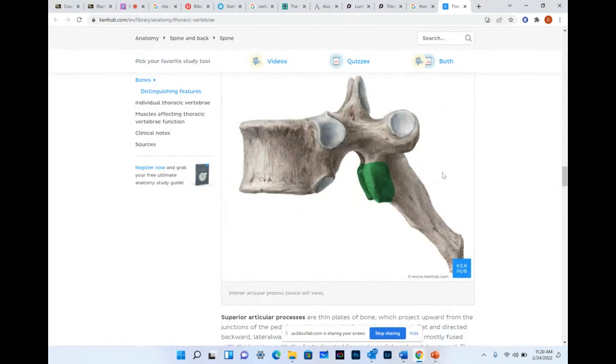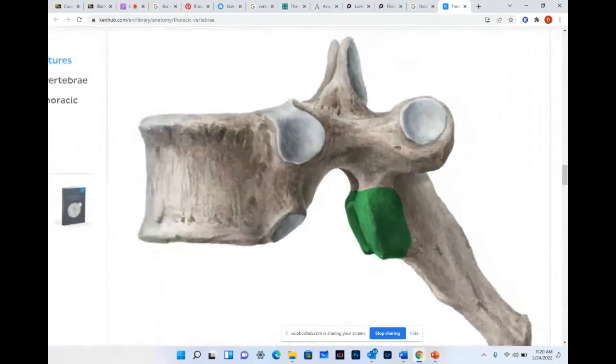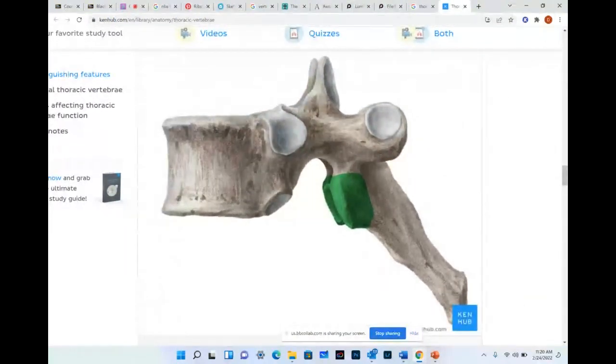And this is a nice one. Now notice these are transverse processes, right? You see this facet right here? This is the transverse costal facet. Transverse costal facet is present on the transverse process of the thoracic vertebra. Okay?